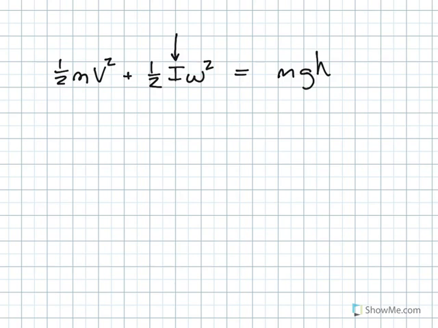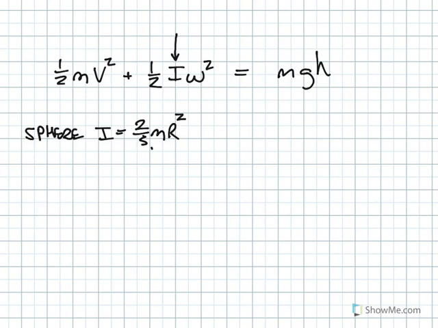For a sphere, that moment of inertia, I, turns out to be 2/5 mr squared. At this point in this class, we don't need to worry too much about where this comes from. It's the C word, folks, as in calculus. But we can just substitute. There's one other thing that's going to help us out here.